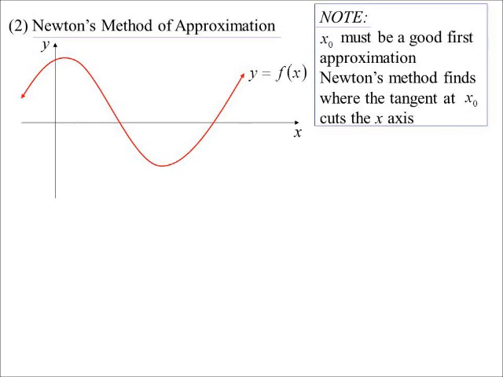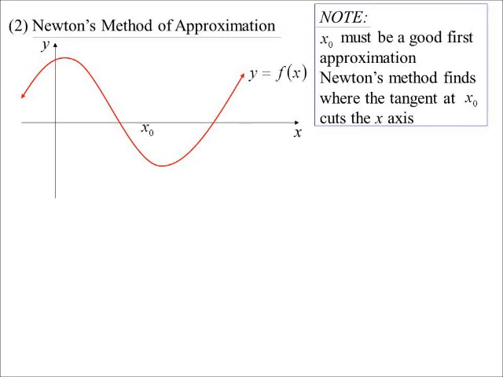Now, in order for this approximation to work, it all relies on the very first approximation. The first approximation has to be a reasonably good approximation, because what it ends up doing is, at that approximation, we draw in a tangent and find where the tangent cuts the axis. So there's a random curve.